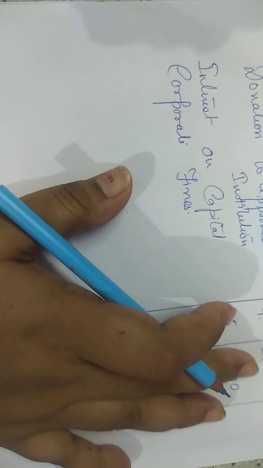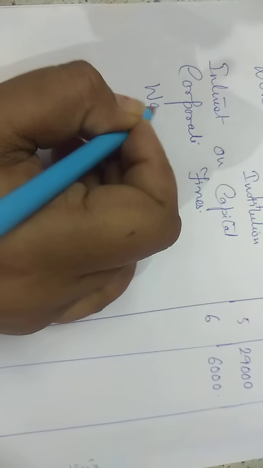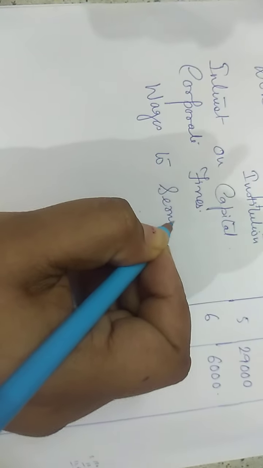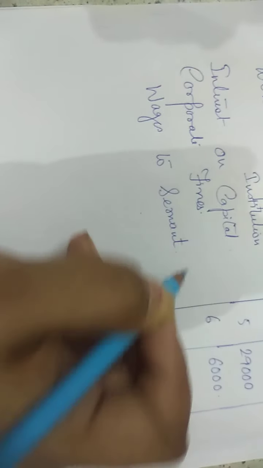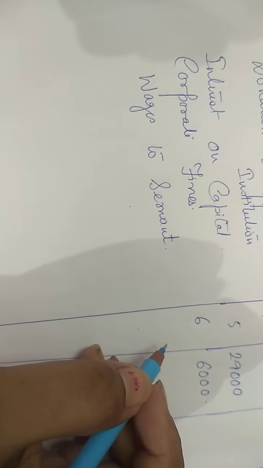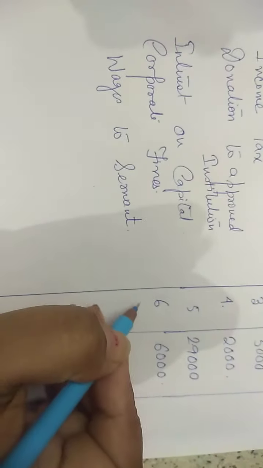Okay. Next is, remember that general expenses include wages paid to servant. Wages to servant, I should have written it in the first head. Means I should have started with this one. Anyways, wages to servant, point number 7.